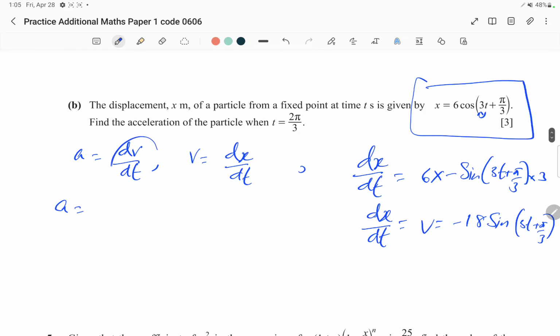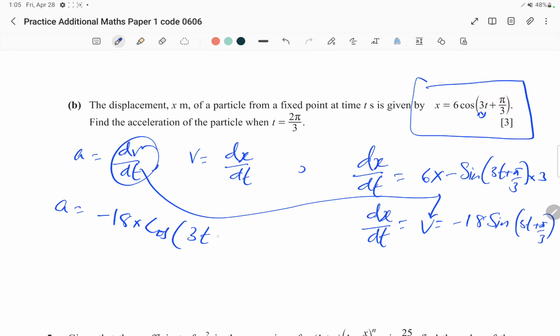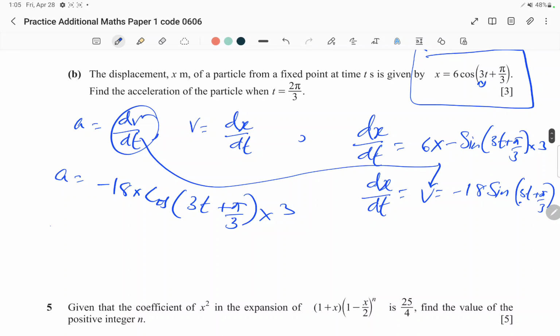Now acceleration is dv over dt, so we need to differentiate this v. So minus 18 will be there, and sine differentiation is cos 3t plus pi by 3, and then t coefficient, which is 3, which I have to write over here. So a equals minus 18 times 3, minus 54 cos of 3t plus pi over 3.